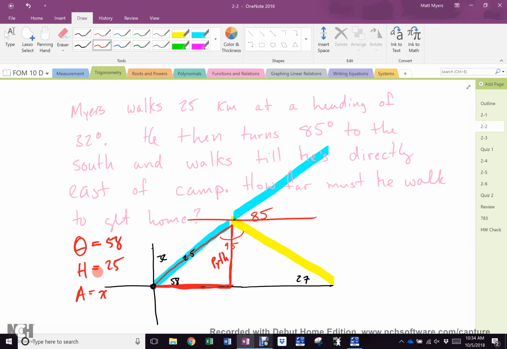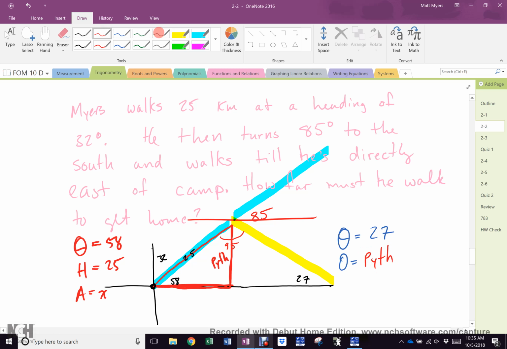Everybody with me? Now, if I have this side from doing Pythagoras, over here, do I have a theta? What is it? 27. Do I have this side? If I knew how, I would have it, wouldn't I? What would that be? Opposite or adjacent? Opposite. I'd use my red Pythagoras, yes? Okay.